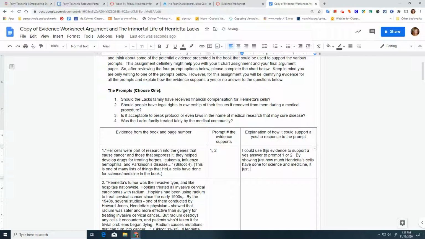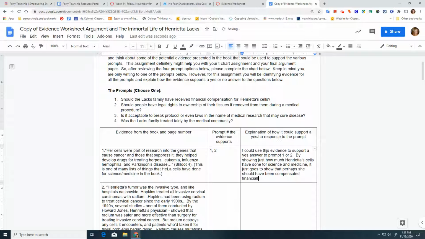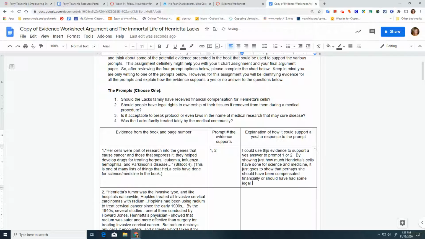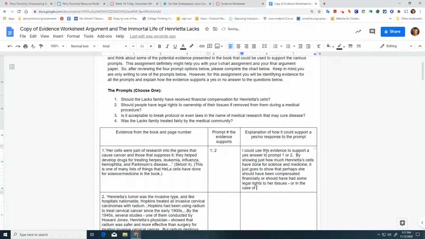It just goes to show that perhaps she should have been compensated financially or should have had some legal rights to her tissues, or in the case of her death, her family. All right.